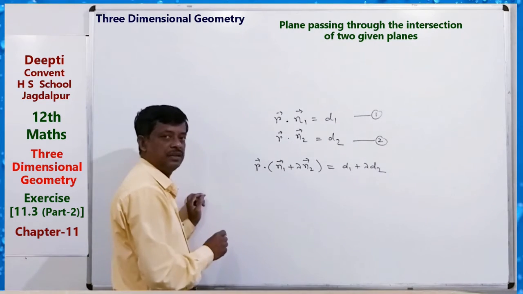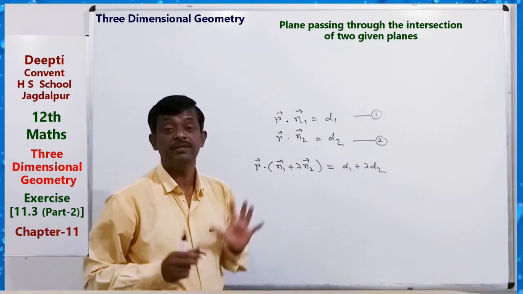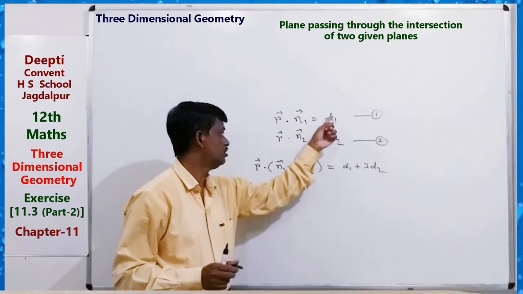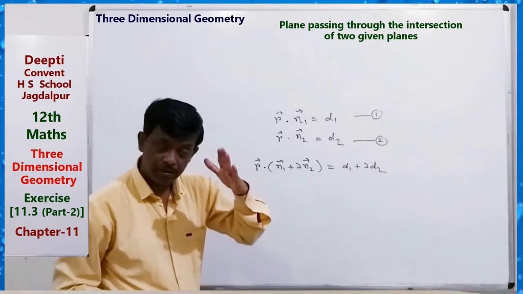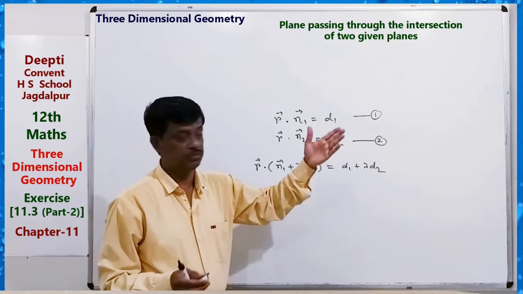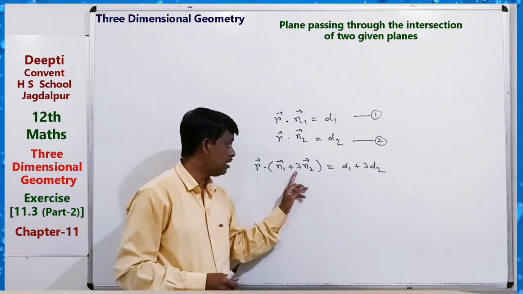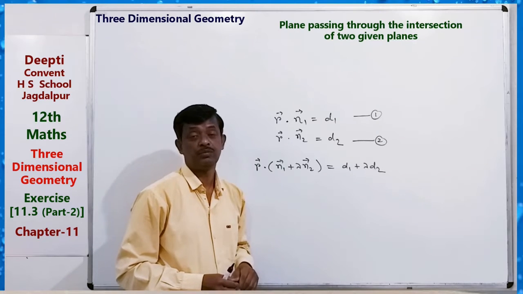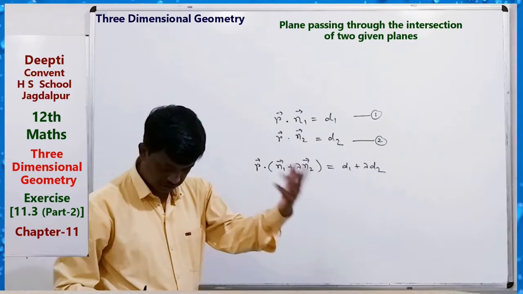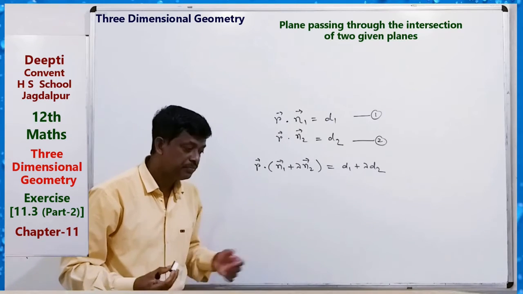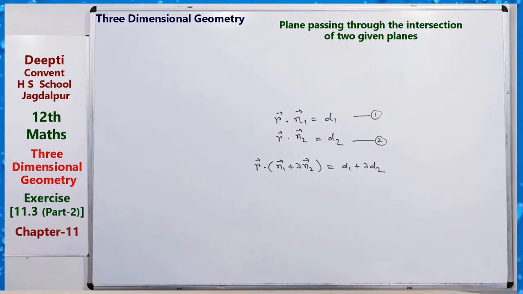And if these two planes are given, means the values of n1, n2, d1, d2 are given, then we can write the plane passing through the intersection of these two planes as this. Here lambda we have to find by using some other condition. Okay, that will be given in the question.